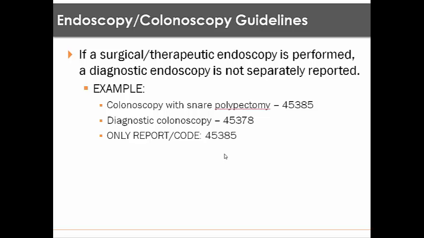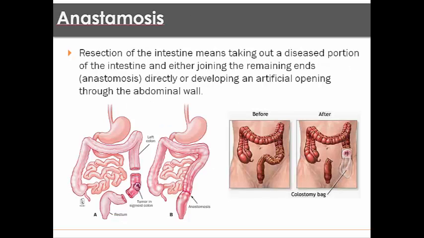Of course, the coder would only code the 45385, the surgical portion, as the diagnostic code is inherently included in the surgical or therapeutic procedure. So if there's a further advanced surgical procedure, the diagnostic would not be coded separately. So just wanted to make note of that.